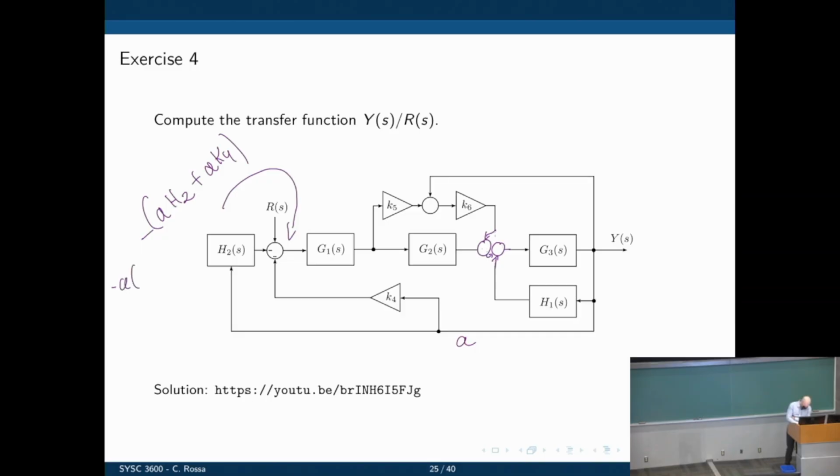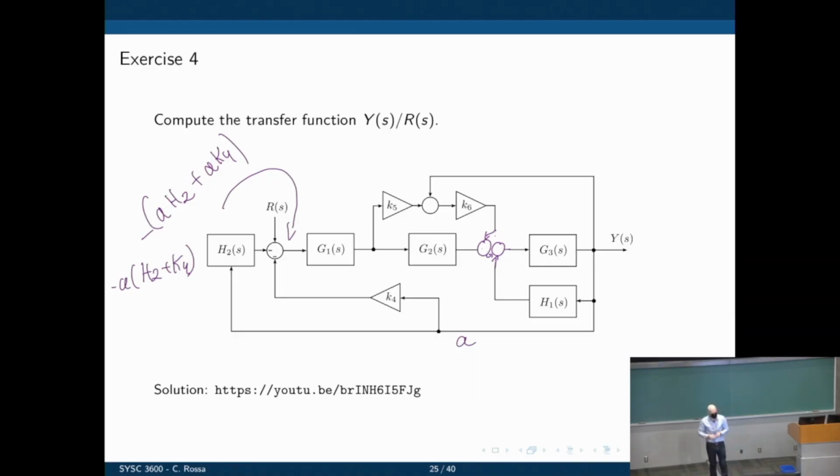So negative A times (H2 plus K4), and put H2 and K4 in the same block. Right, because they are feeding the exact same point in the block diagram, and they are picking off the same signal A. So we can just add them up. Can you see that?